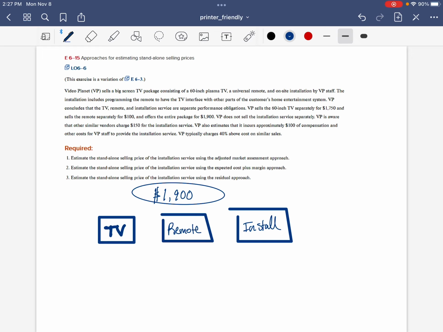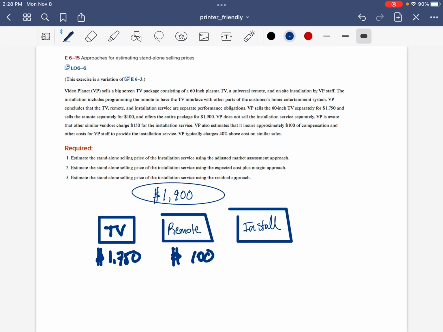When these things sell separately, they're telling us the TV, if purchased without the remote and the installation, would cost $1,750. The remote would cost $100.